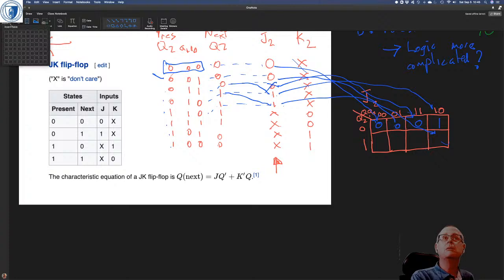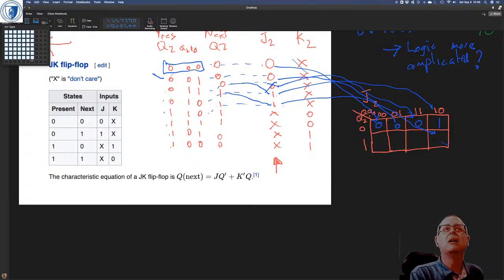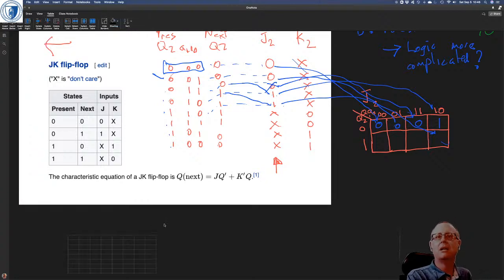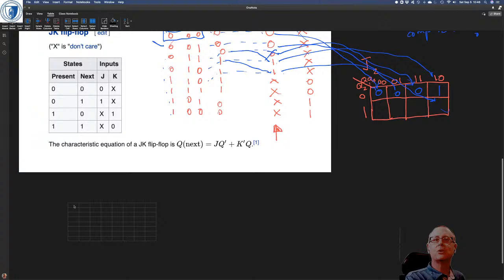I want a table with 1, 2, 3, 4, 5, 6 columns. That's about right. Let's make it 7, and as long as we can.